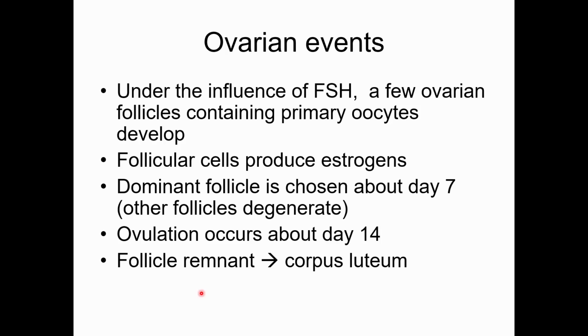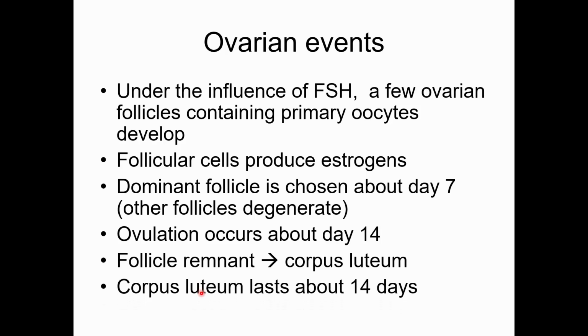The rest is going to stay in the ovary. That remnant of the follicle is acted upon by luteinizing hormone, and that structure becomes the corpus luteum. Corpus luteum stands for yellow body. The corpus luteum then lasts about 14 days. When the corpus luteum dies, its ability to produce hormone dies. The endometrium sheds and we start all over again.